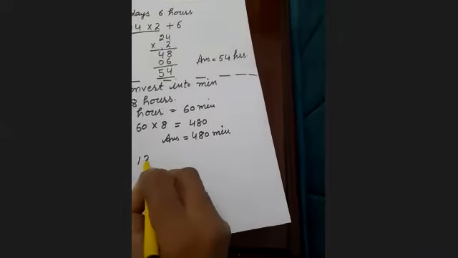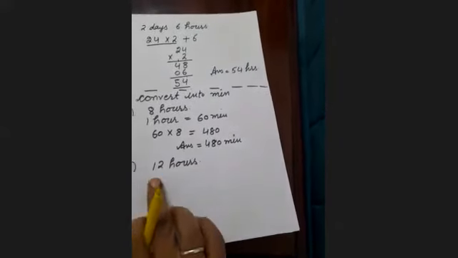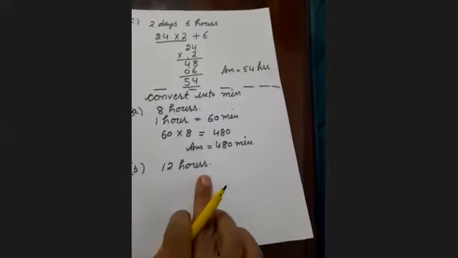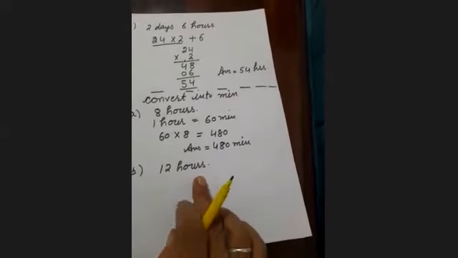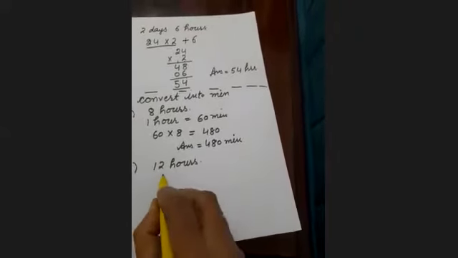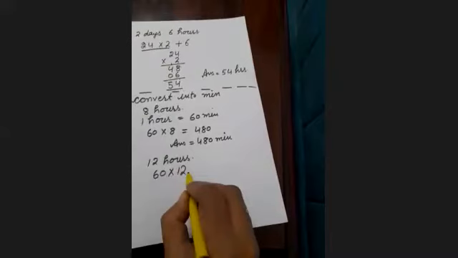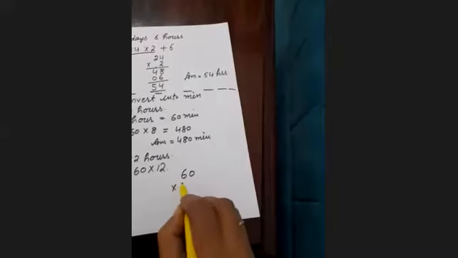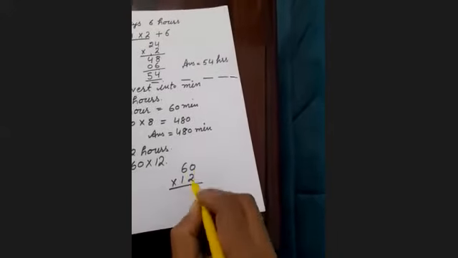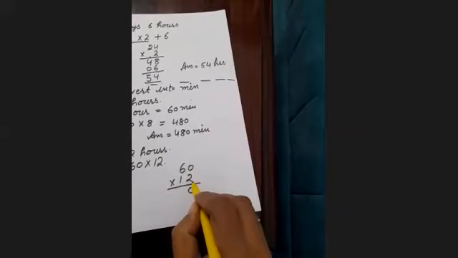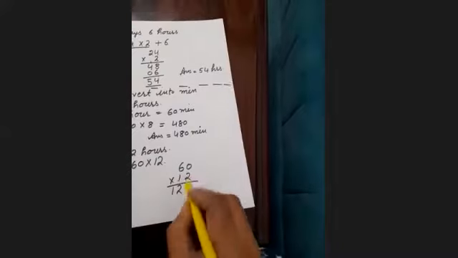Now convert 12 hours into minutes. To convert 12 hours into minutes, we will multiply by 60. 60 multiplied by 12. First, we will multiply by 2. 2 multiplied by 0, 0. 2 multiplied by 6 is 12. 1 multiplied by 0, 0.